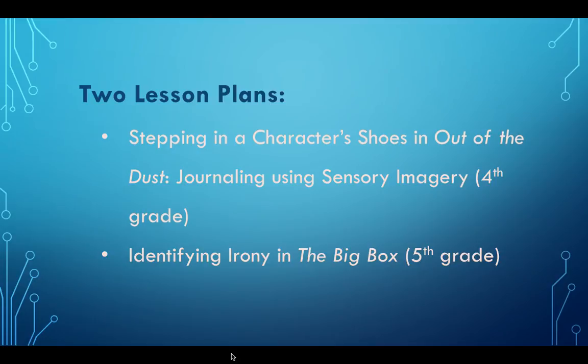And then we'll also examine a lesson plan that is designed for a whole class on identifying irony in the book, The Big Box. And this is designed for fifth grade. In stepping into a character's shoes and out of the dust, we're going to be specifically focusing on vocabulary and syntax. And in identifying irony in the big box, we will focus specifically on discourse.